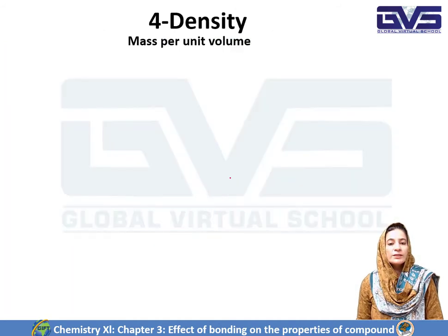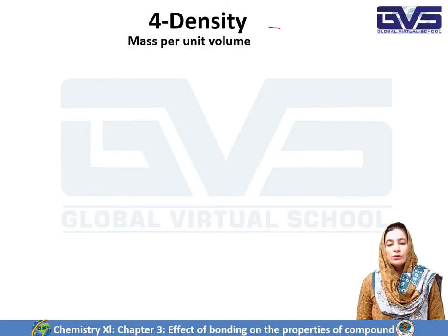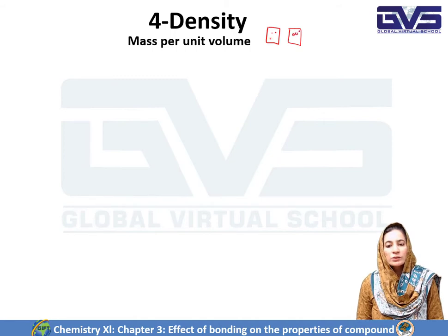Now the fourth one is density: density of ionic compounds and covalent compounds. Density is, students, mass per unit volume. Let's say you have two containers of equal volume. One contains 1 gram, and the other contains more mass inside it, like 10 gram. So which has the low density and which has the high density?